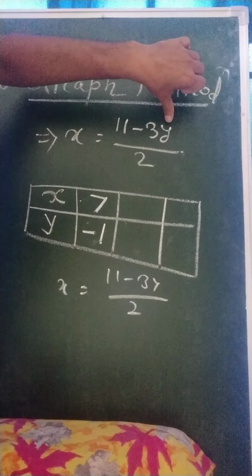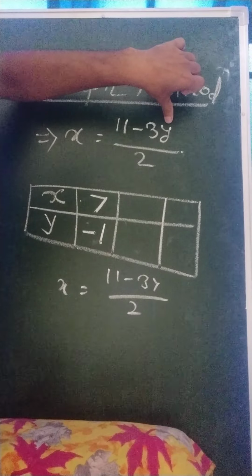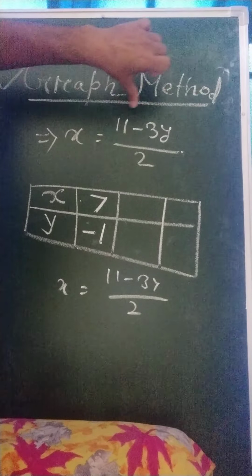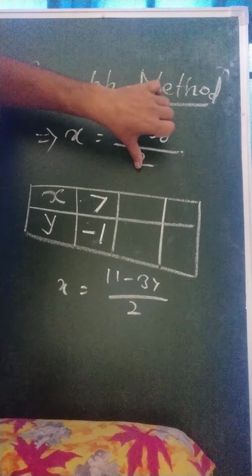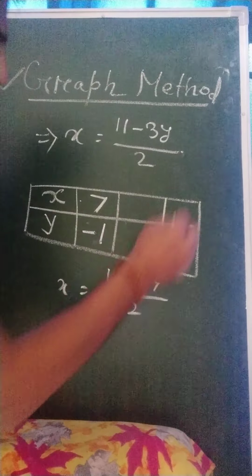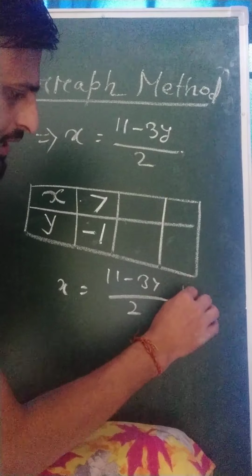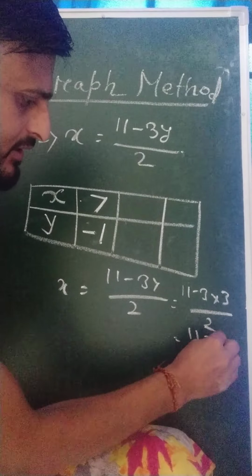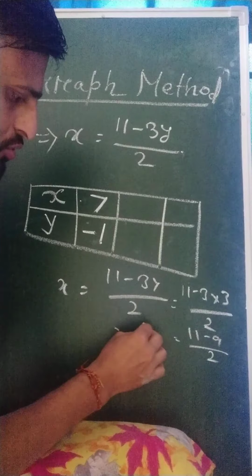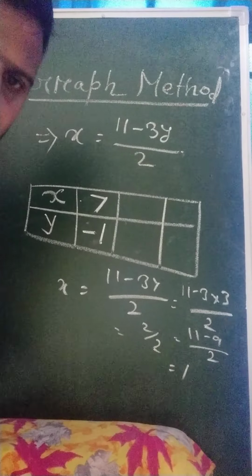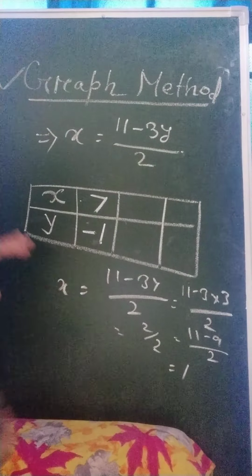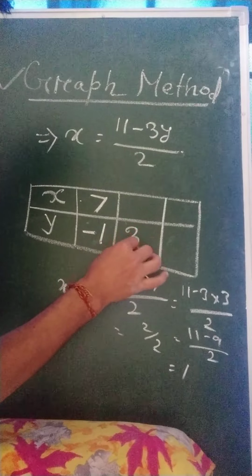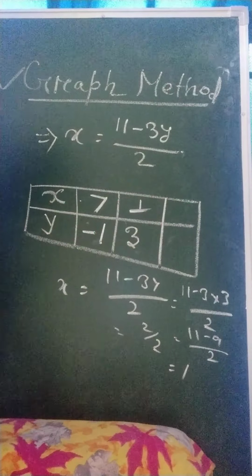If I put y equal to 3, then 3 multiplied by 3 is 9, then 11 minus 9 is 2, and 2 divided by 2 is 1. So 11 minus 3 multiplied by 3 is 11 minus 9 divided by 2, which is 2 by 2, which is equal to 1. That means if I put y equal to 3, we get x equal to 1.